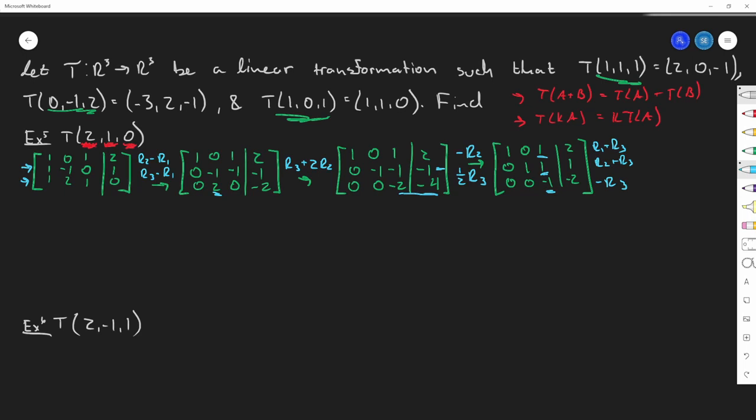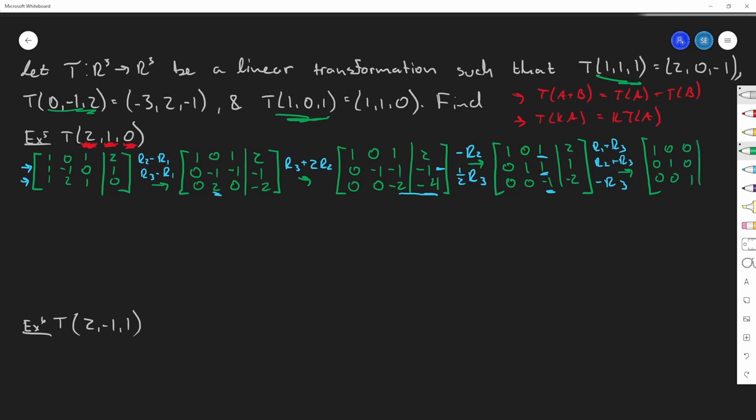So it's going to be top to bottom. That is going to be our steps. I think I can make them fit. On our left side we will have the identity matrix. The right side will be our answer.